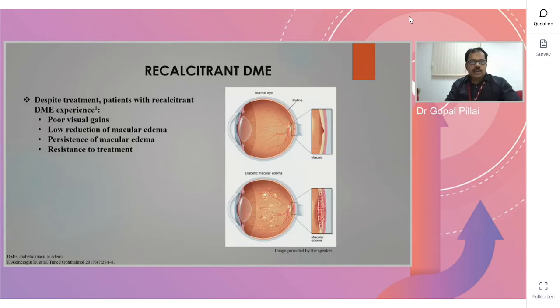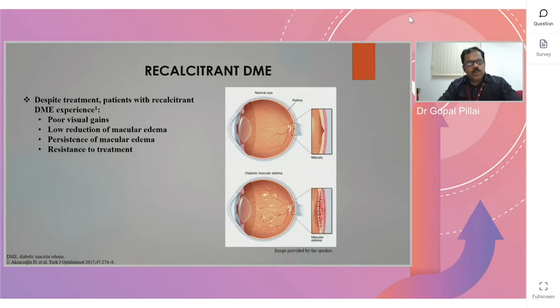Now, if we come to recalcitrant diabetic macular edema, different authors have actually classified them differently. But generally, despite treatment, patients with recalcitrant diabetic macular edema experience poor visual gains, low reduction of macular edema, persistence of macular edema, or resistance to treatment.